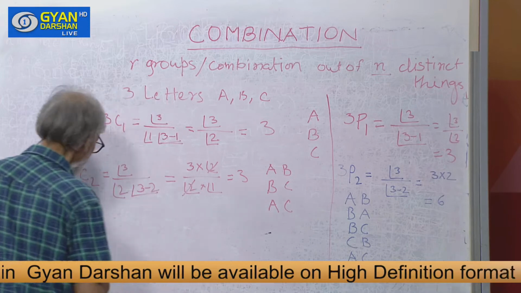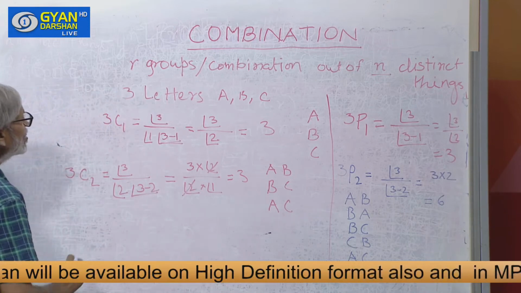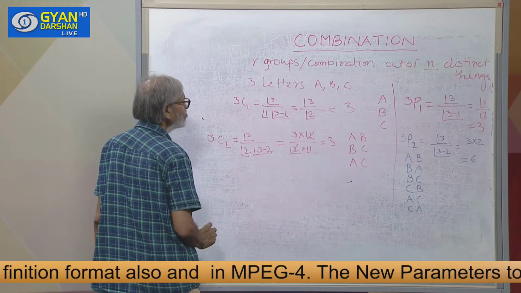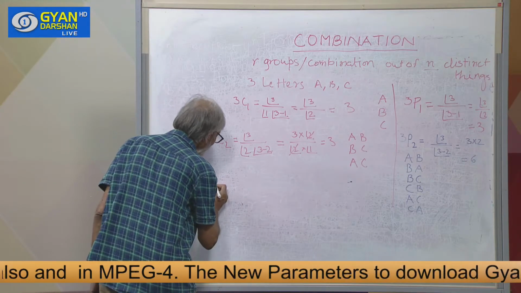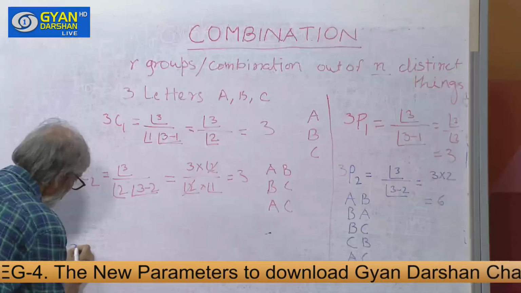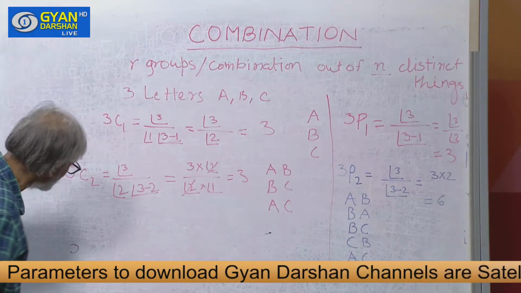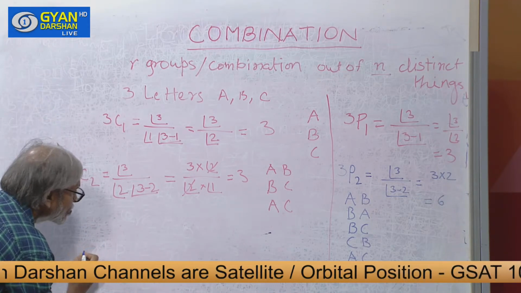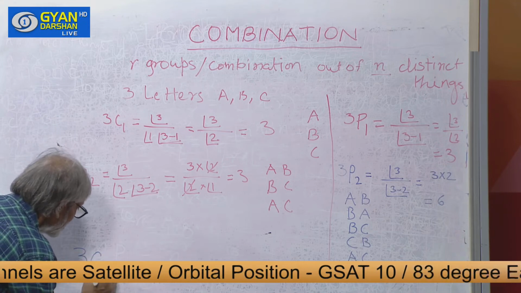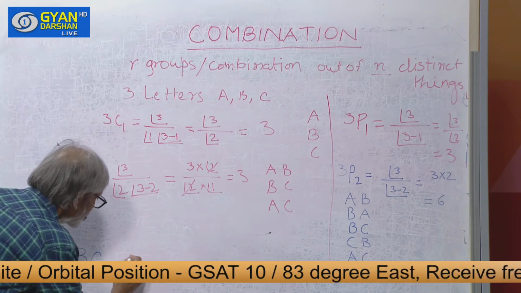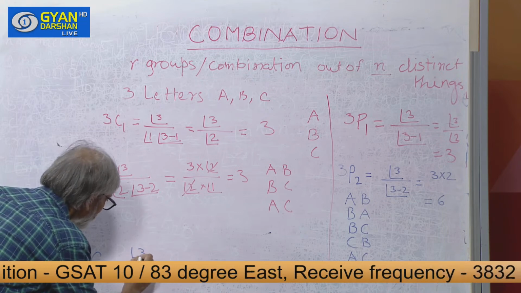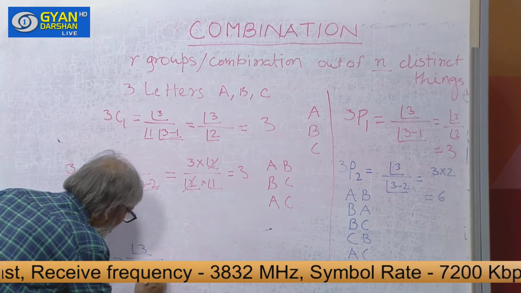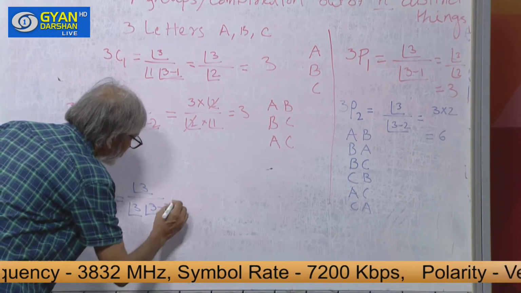And suppose, what is the combination of letters taken 3 at a time? So, it will be equal to 3C3. So, this will be factorial 3 divided by factorial 3 into factorial 3 minus 3.